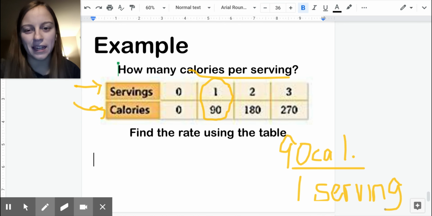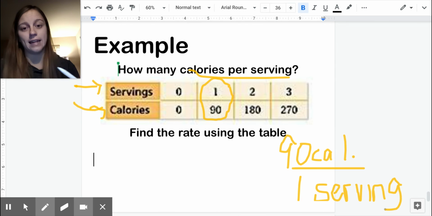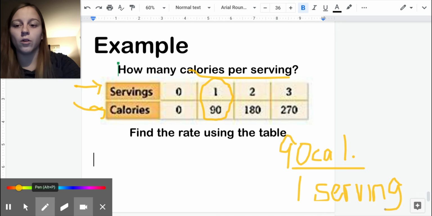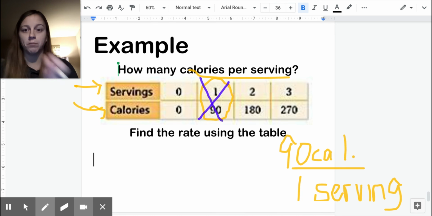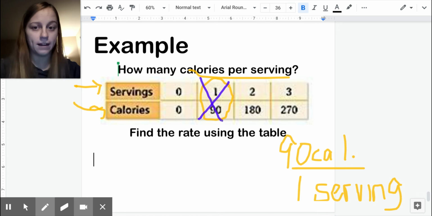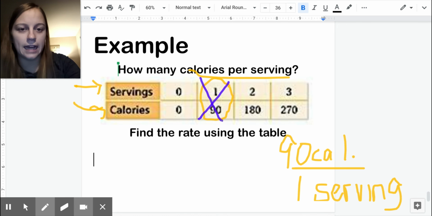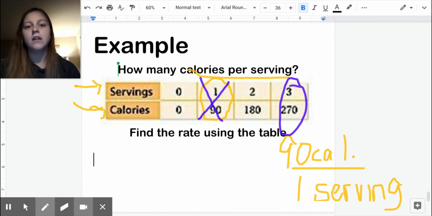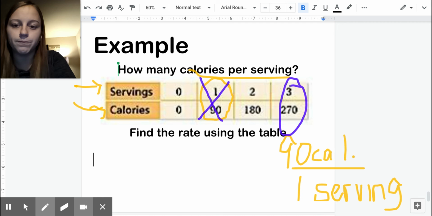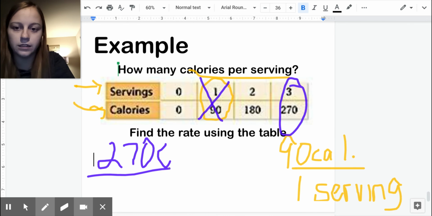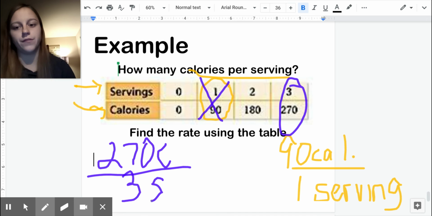That's not going to always be the case. It's not going to have the unit rate in the table all the time. So let's say that this one wasn't in the table. It jumped from 0 and went to 2, 3, 4, 5, 6. You pick a rate and turn it into the unit rate. Let's say I picked 270 calories for every 3 servings.